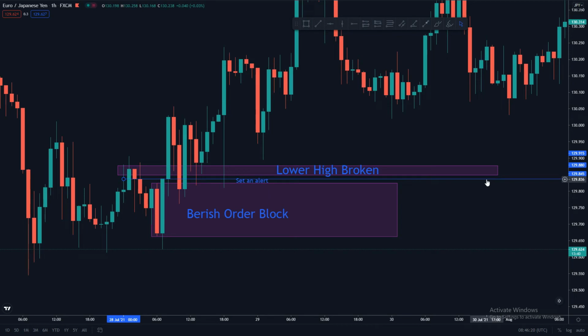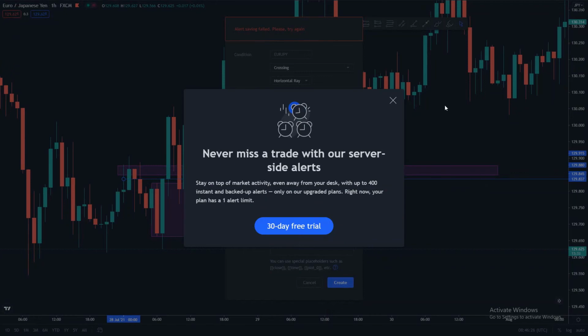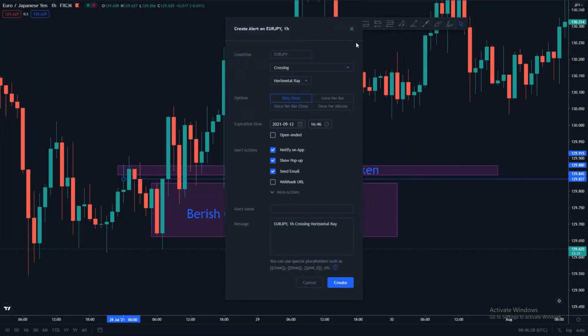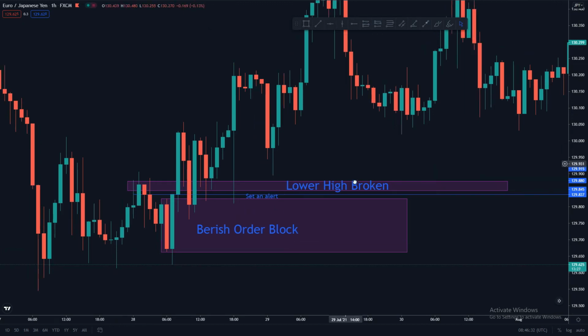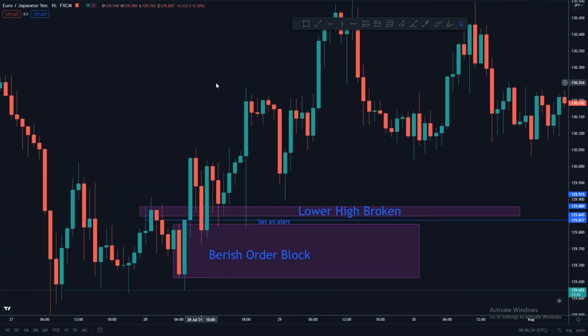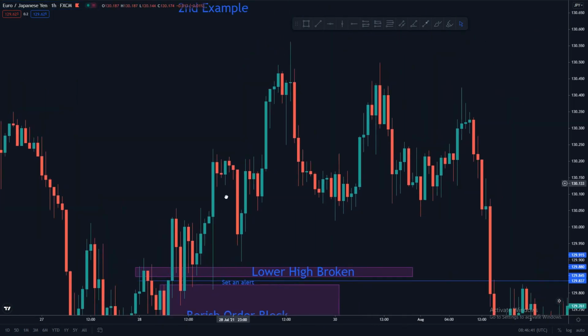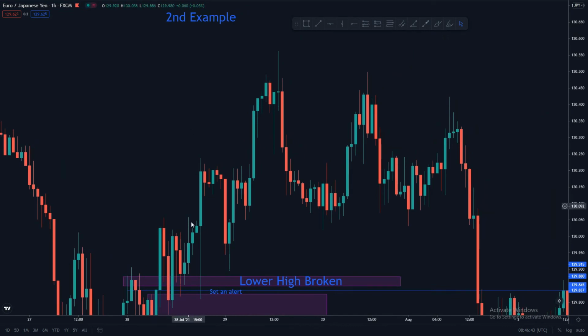Or you can also do it on your MetaTrader, MetaTrader 4 and 5, and also on TradingView you can do it. So the second thing that you can do, the second example, is to set an alert here. Then once the market comes there, you will now go to your charts.